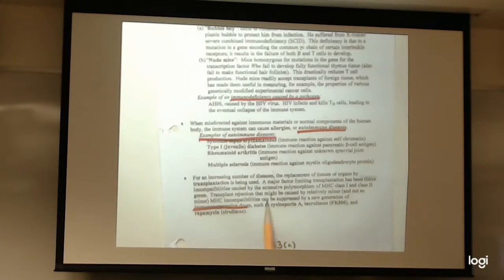These are drugs with names like cyclosporin and tacrolimus and rapamycin that suppress the immune system to the point that they will not reject a pretty well matched, but not perfectly matched, donor organ. Of course, when you're taking these drugs, even though you're not rejecting the new heart or the new lung, you're at risk for other infections because you're suppressing the immune system.